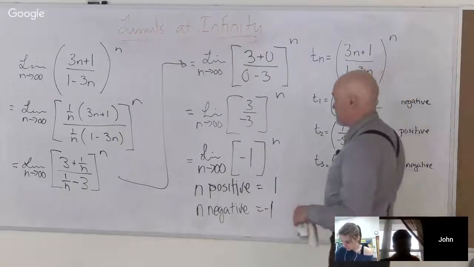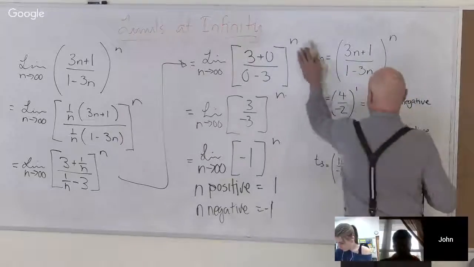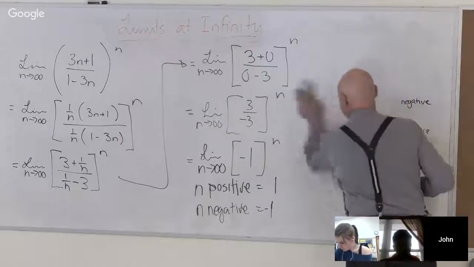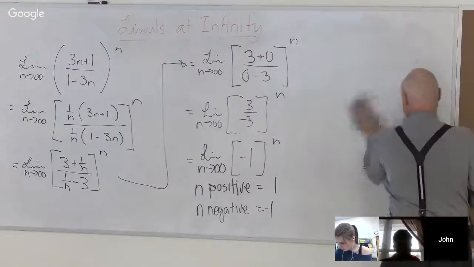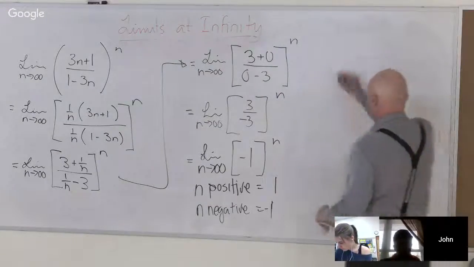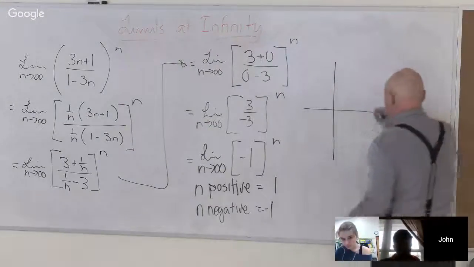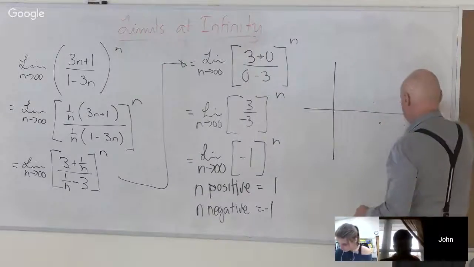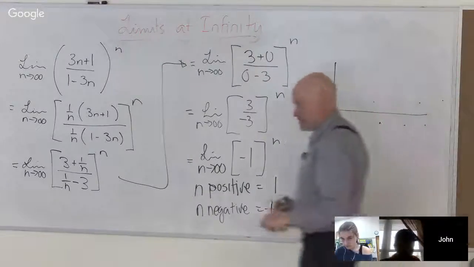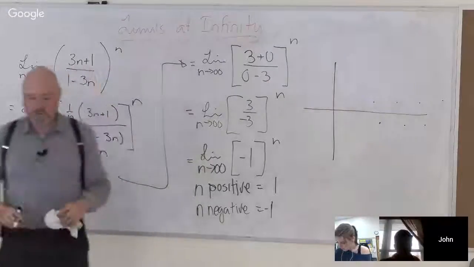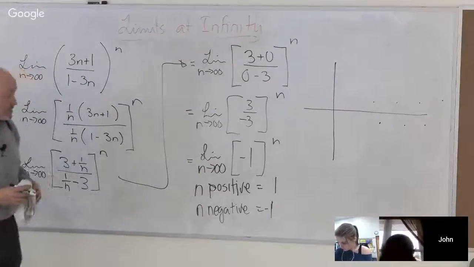So if I looked at this as it heads for infinity, it does not converge. It just basically does this, back and forth and back and forth. It's 2 different values as n gets really large.